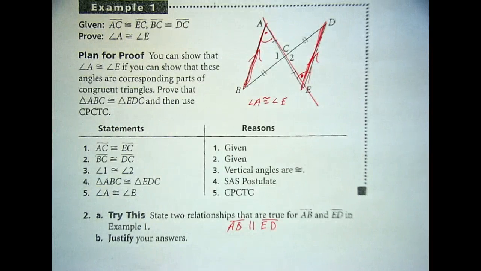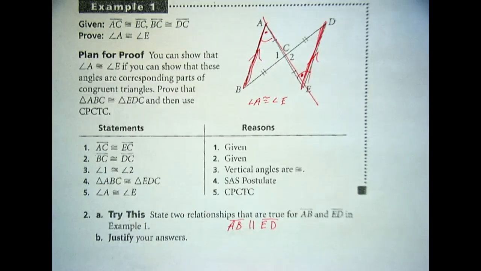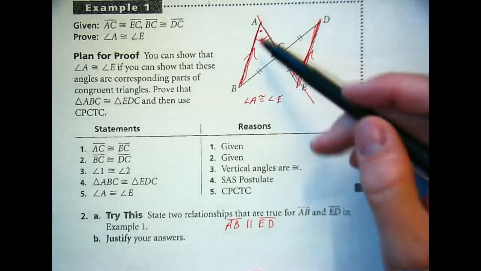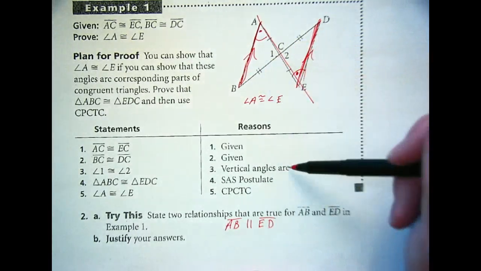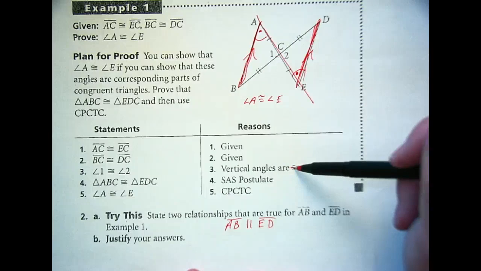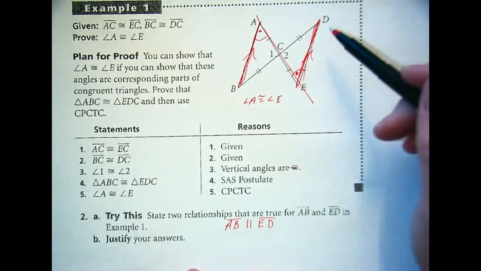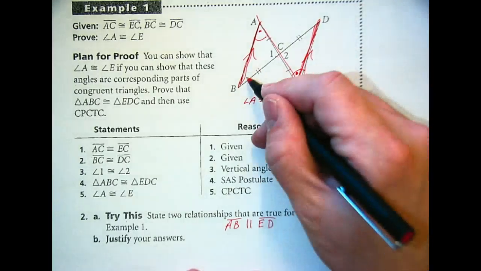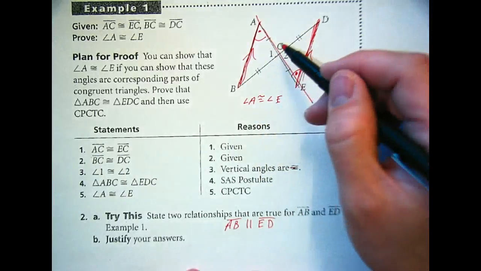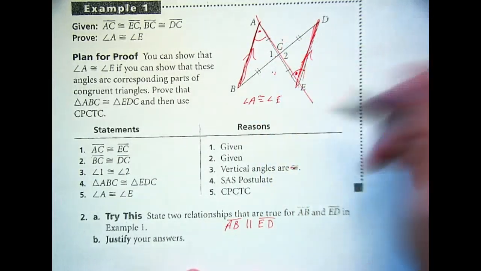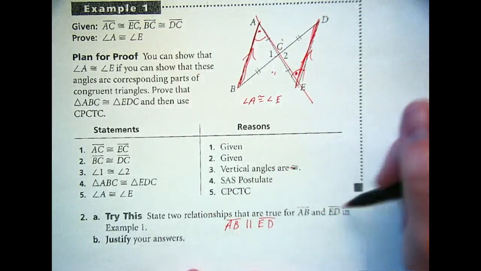Chase? Would angle ACB be congruent to angle ECB? Yep, we've got that. Vertical angles, that's in here. Oh, I meant ACB congruent to BCE. Yep, right here and here. Yes. What do we know about AB and ED?